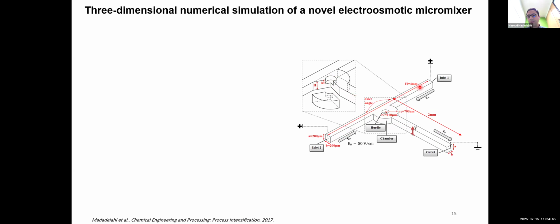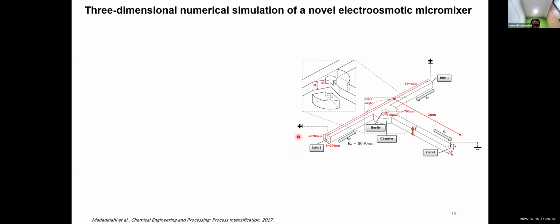You can see different parameters and dimensions. We have our electric field applied to this conductive flow here. And as the electrode, we can use carbon material, as I explained. So this is our geometry in this simulation.